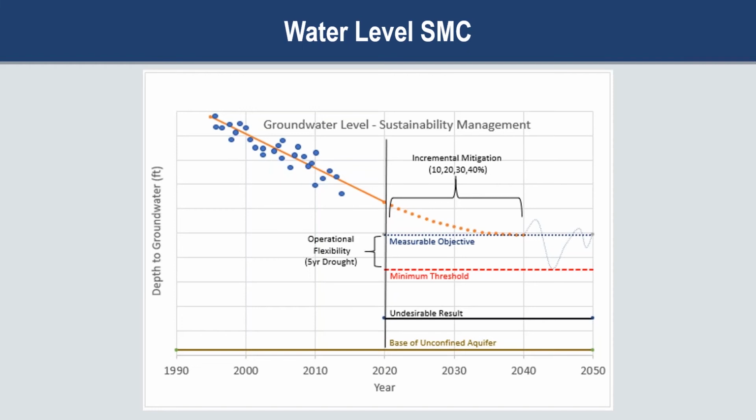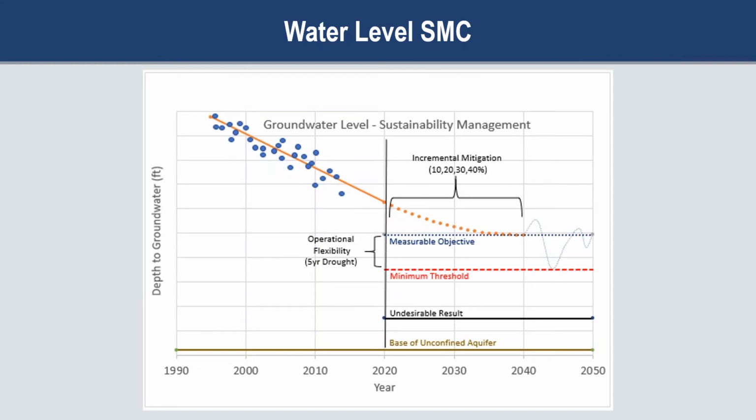From there, we calculated an operational flexibility. The MAGSA GSA Technical Committee wanted it to be based on a 5-year drought. So there are 2 options on how we calculated the operational flexibility. The first option is based on the recent drought, from 2012 to 2016.